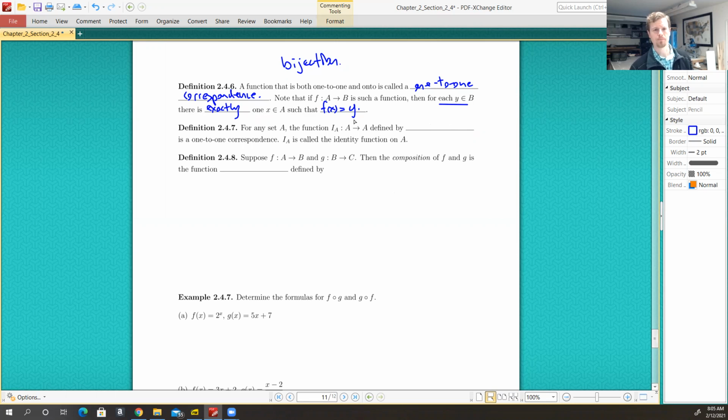So for any set A, the function I sub A from A to A is defined by I sub A of x is equal to x. So whatever you put in is exactly what you get out. It is a one-to-one correspondence. If I want to get y out of it, I just plug y into it. And there's only one way to get y out, and that's by plugging y in. So it is a one-to-one correspondence.